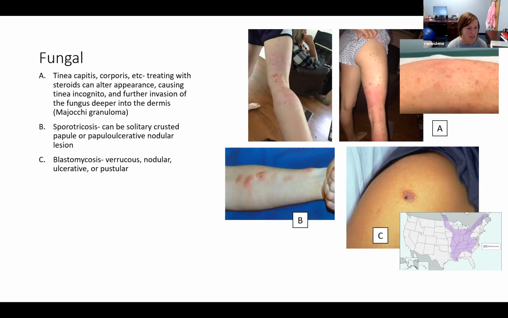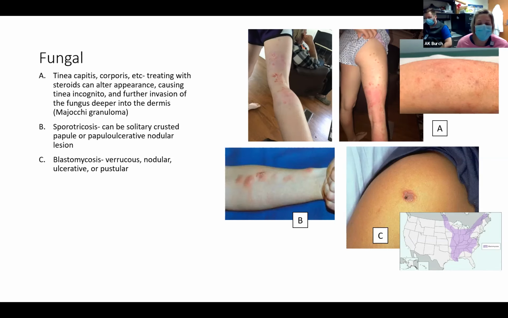And then blasto, I just wanted to do a quick note on blasto, since we recently had a blasto patient with respiratory symptoms. He had no skin findings, but just remember blasto can do respiratory or skin, and the skin is usually this ulcerative nodular solitary lesion, and we are in a blasto area of the Southeast, so that's blasto.